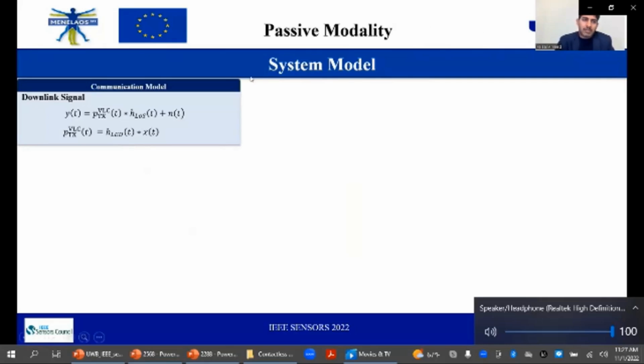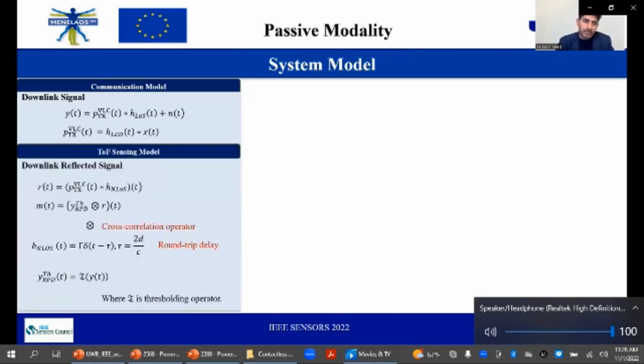It depends on the probing signal, which is the convolution between the generated data, known as x(t), and the LED impulse response. When this probing signal is convolved with the channel impulse response and the additive white Gaussian noise, we get our downlink signal, which is also received by the photodiode.